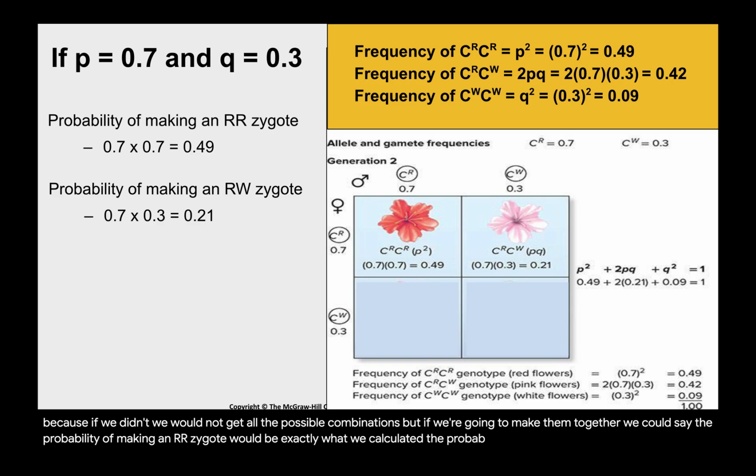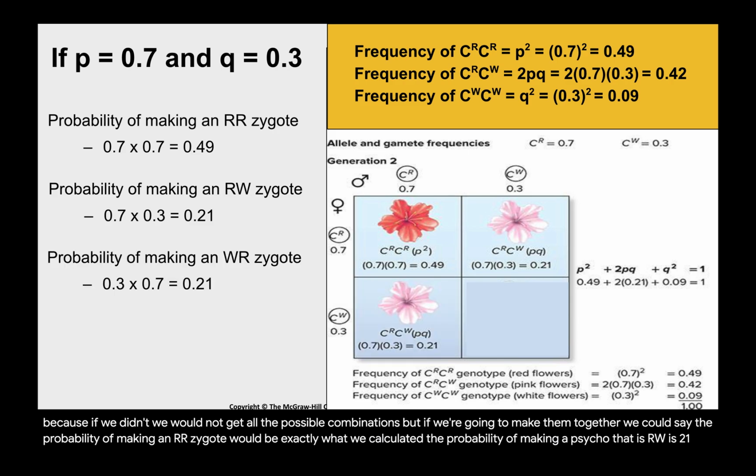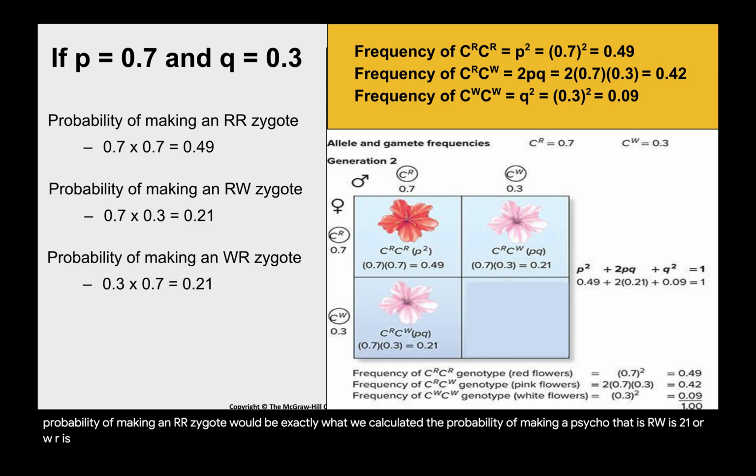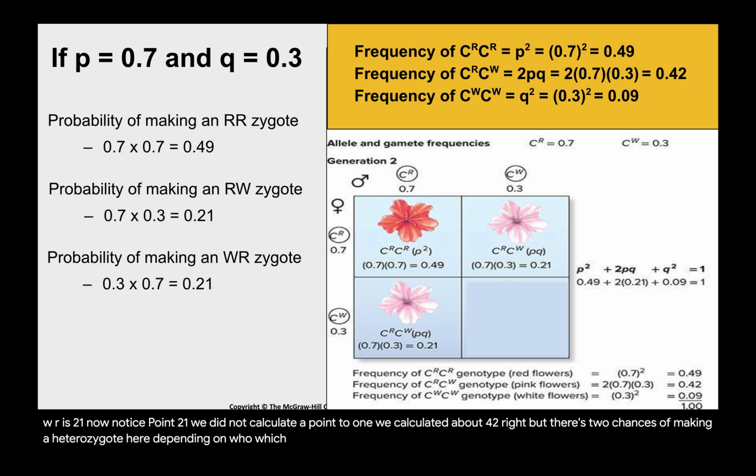The probability of making a zygote that is RW is 0.21, or WR is 0.21. Now notice 0.21, we did not calculate a 0.21, we calculated out 0.42. But there's two chances of making a heterozygote here, depending on which parent is giving which allele, so we would simply add these together, and that's where we get that 0.42.